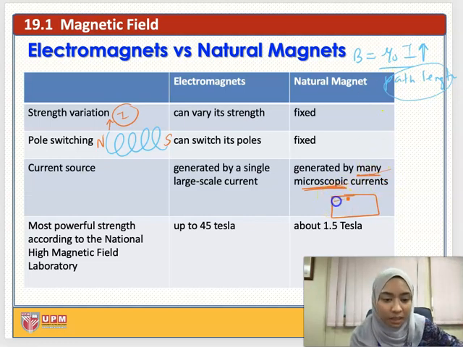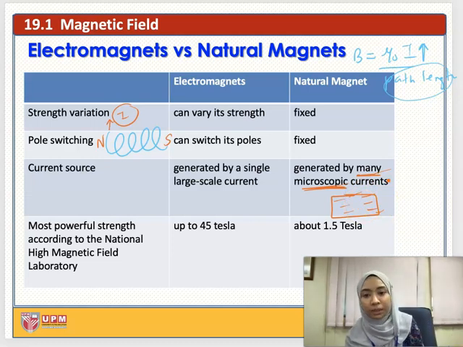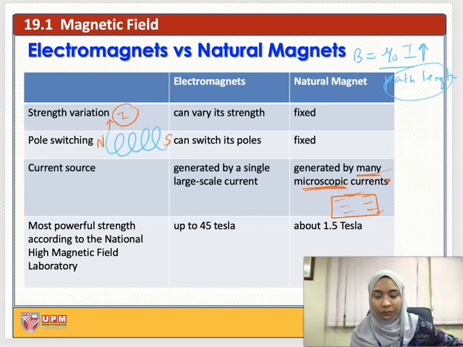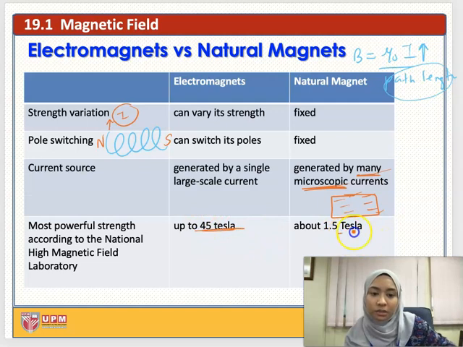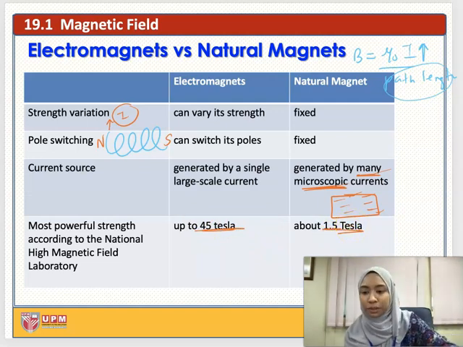So what happens is that they have tiny currents flowing to give it the magnetic properties. And then the most powerful strength, according to the National High Magnetic Field Laboratory, electromagnet can be up to 45 Tesla, whereas natural magnet only 1.5. So that is your SI unit for B.